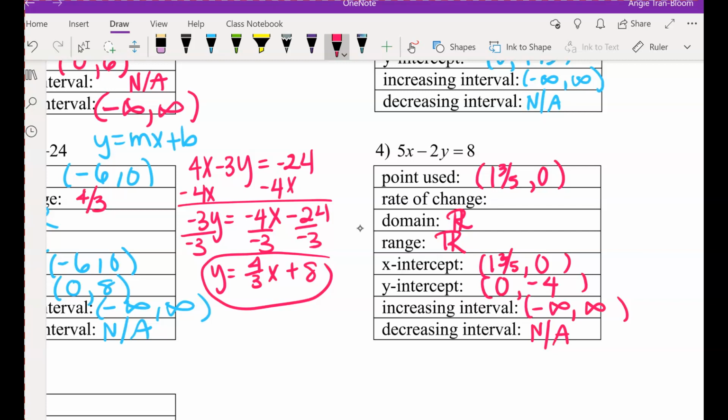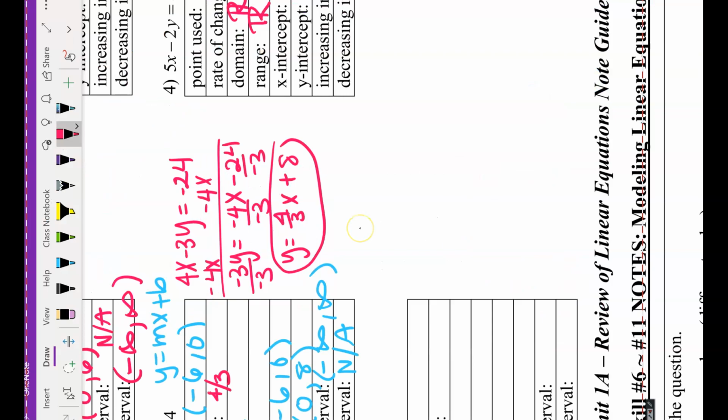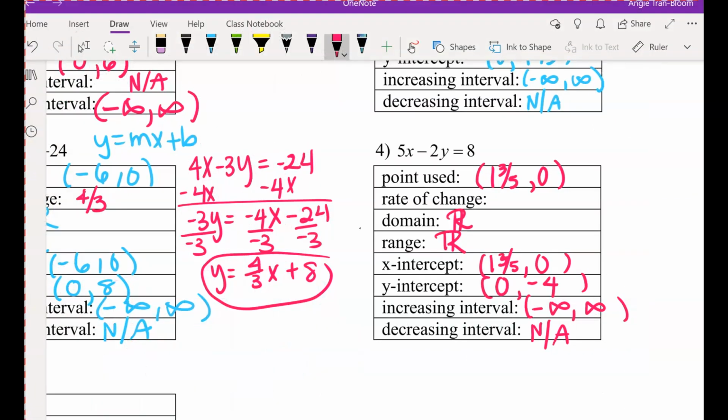Now, the only thing we have to do left is the rate of change. Do you want to write in y equals mx plus b, or do you want to use the y2 minus y1? Okay, you get to pick. You decide what you want to do. You pick a system and do it on your paper.